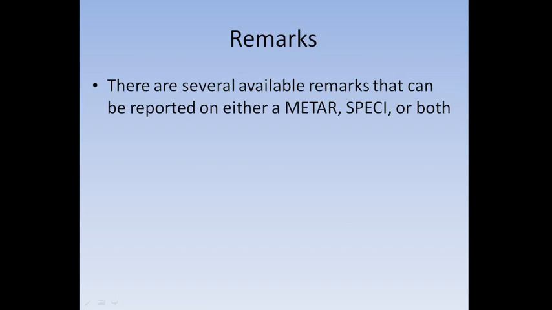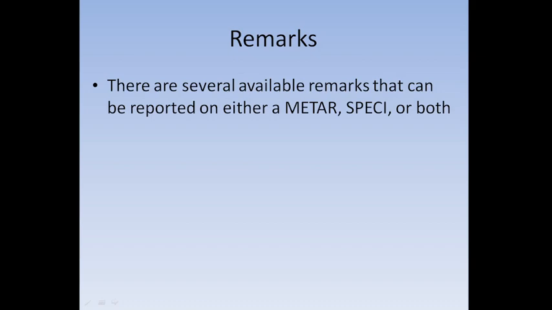Virga, if it's raining but the rain is evaporated before it hits the ground. The hailstone size, if there's hail, you're in a thunderstorm. If you have distant lightning, what direction that lightning is in, if you have a distant thunderstorm. Frontal passage, if you had a wind shift due to frontal passage, you could put FROPA in your remarks.